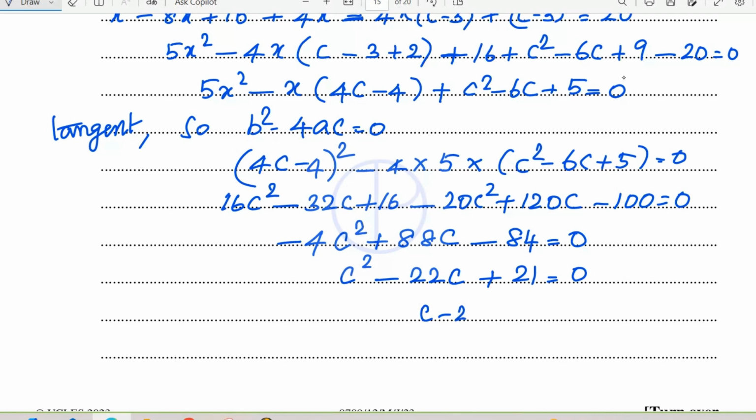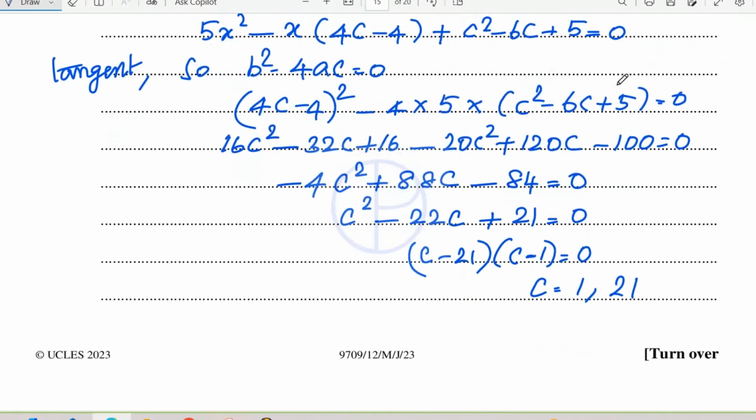c minus 21, c minus 1 equal to 0. So c is equal to 1 comma 21.